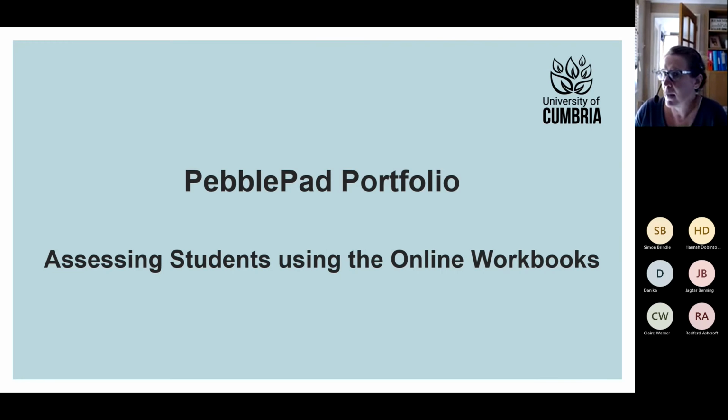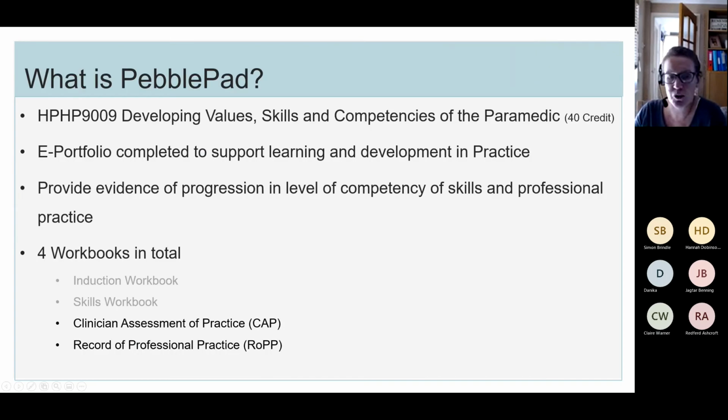PebblePad Portfolio is the way that we assess students using the online work. So what is it? All students complete a placement module as part of the degree, and its module code is this one above, 9009, Developing Values, Skills and Competencies of the Paramedic.